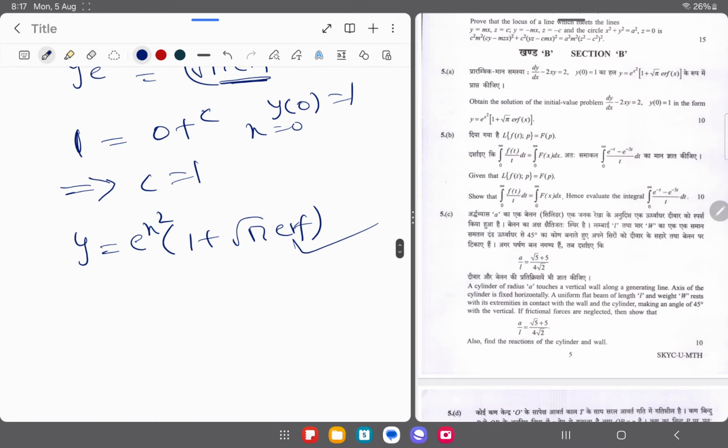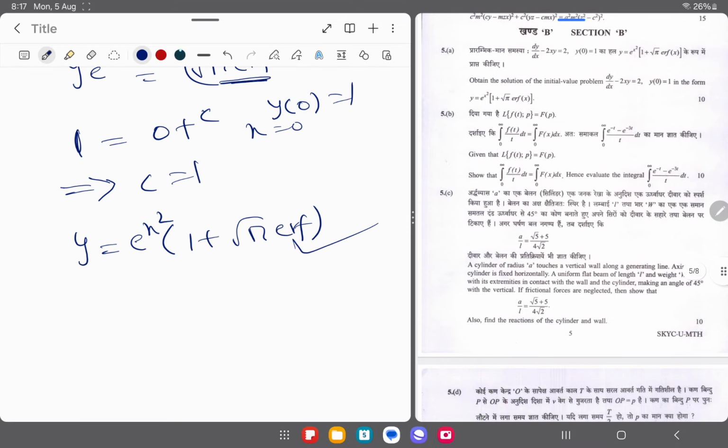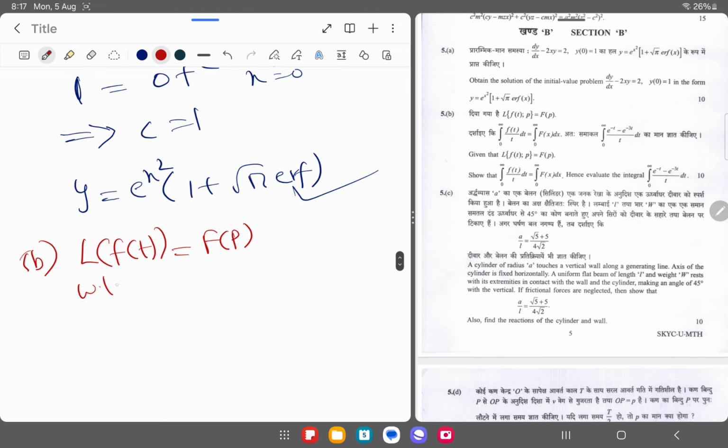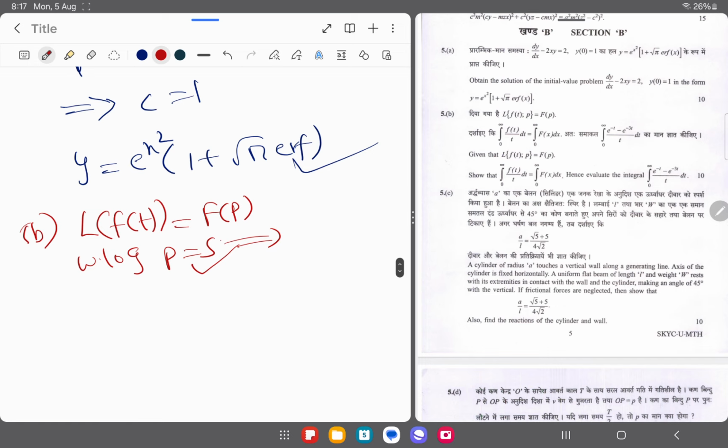Yeah, that's it. So 5b, right? See, Laplace of f(t) is given as F(p), right? So without loss of generality, let us assume p is equal to s, because we generally solve with s, right? Laplace transform.